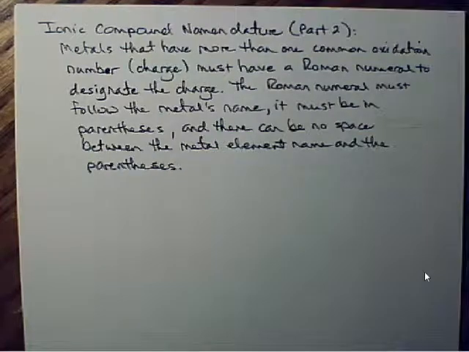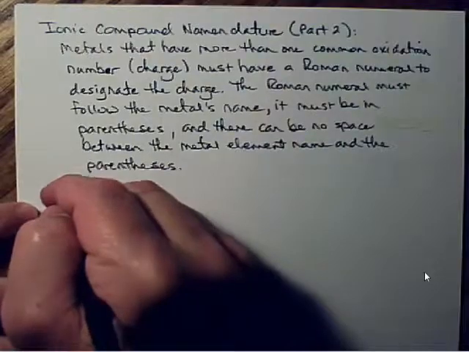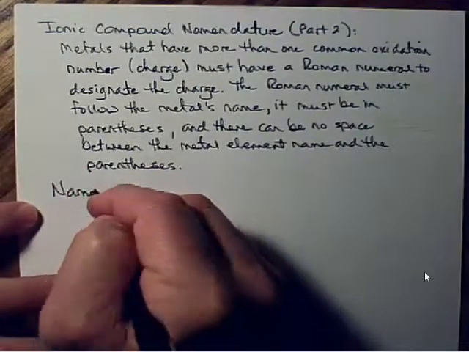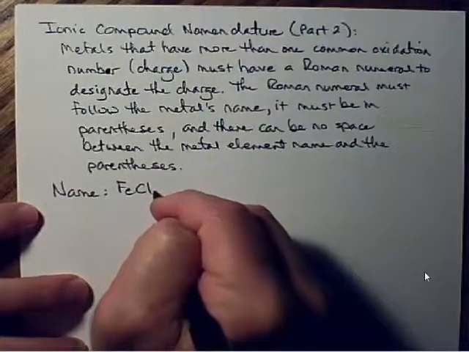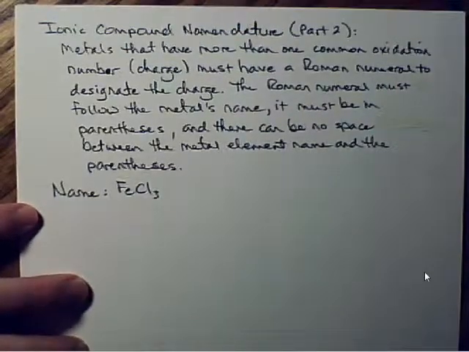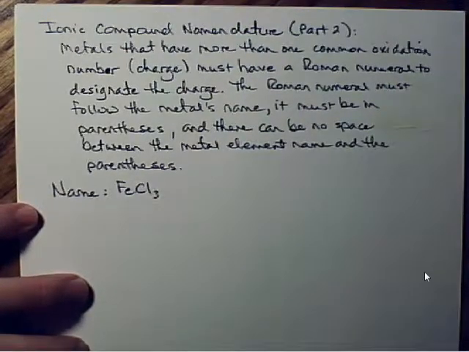All right. So here's an example. I'm going to try to name this compound. Iron has more than one common oxidation number.